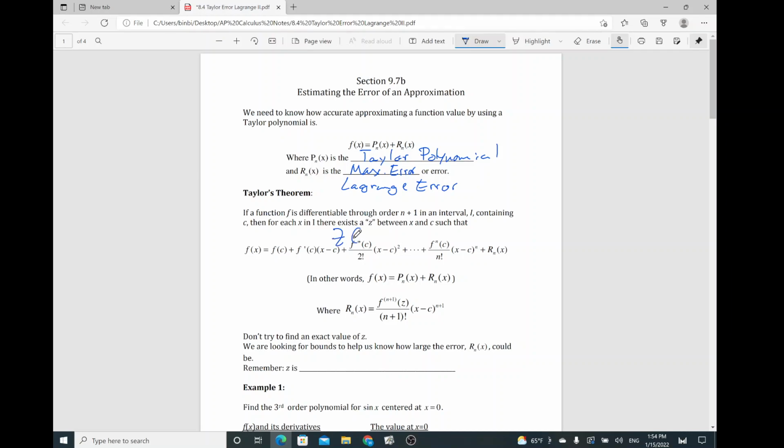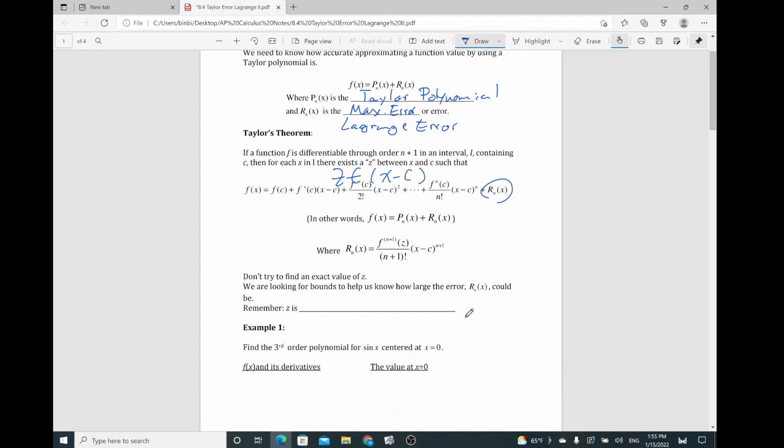So z is right in between x and c, such that the Taylor polynomial with the extra term, r sub n of x, is always written as the (n plus 1)th derivative of z over n plus 1 factorial times x minus c to the power of n plus 1. Don't try to find the exact value of z. We're looking for the bounds to help us know how large the error is. Remember, z is always right between x and c.